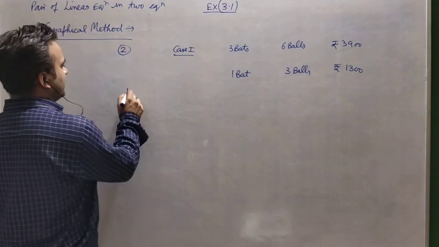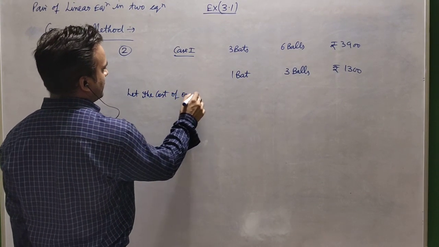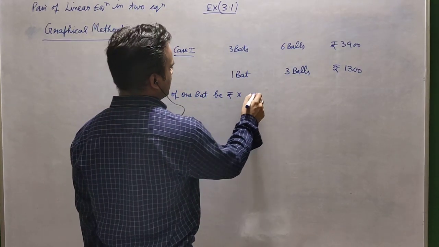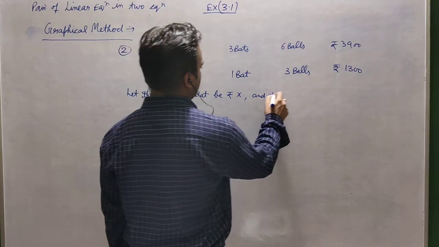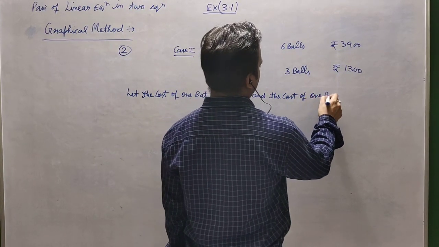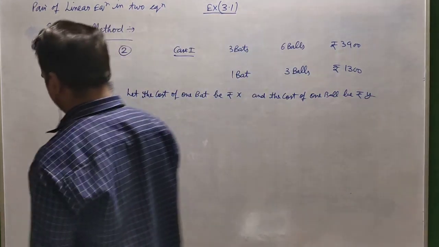So what we will do here, let the cost of 1 bat be rupees x and the cost of 1 ball be rupees y. Two variables we have to take here.